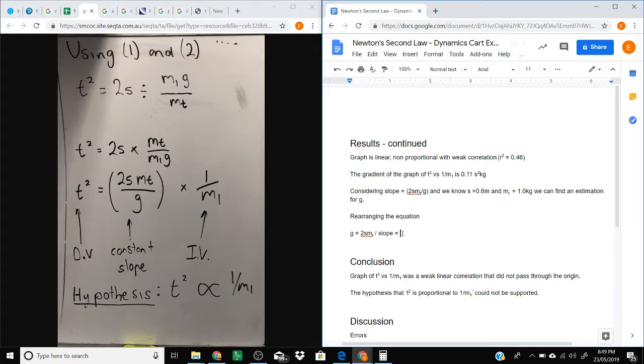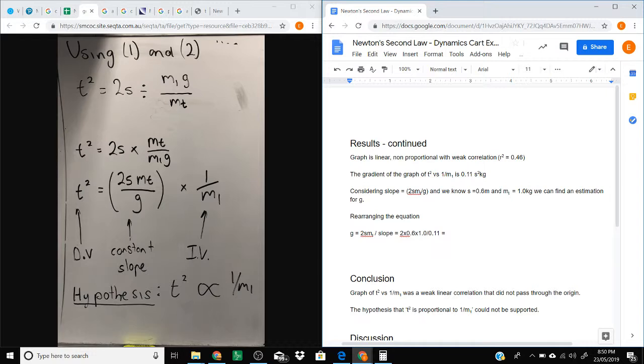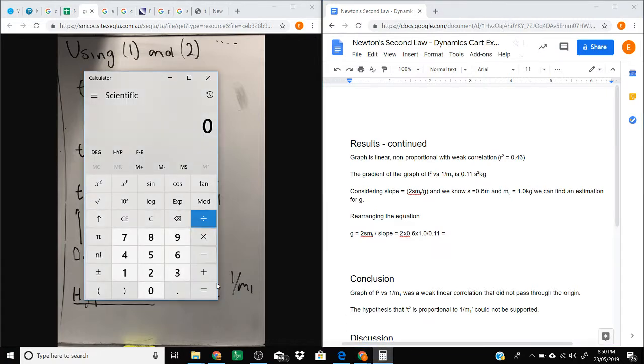So let's write that out. So 2 times 0.6 times 1.0 divided by 0.11. Let's see how horrible this is. All right, so my calculator here. 2 times 0.6 times 1, that's redundant, divided by 0.11.